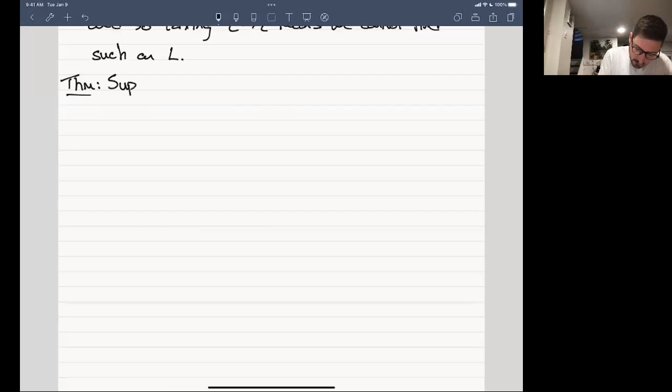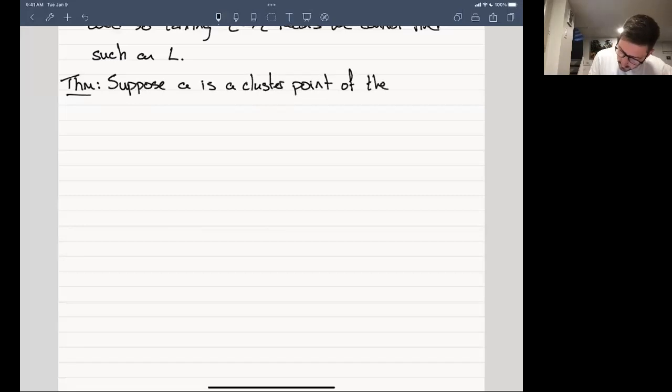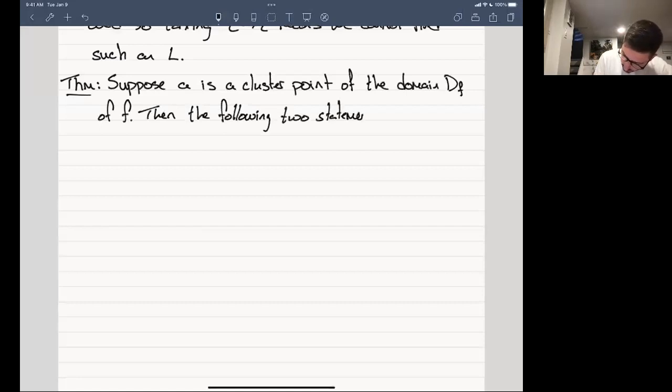So let's say, suppose A is a cluster point of the domain D_f of a function f. Okay, then the following two statements are logically equivalent. And I'll speak about this in a moment.